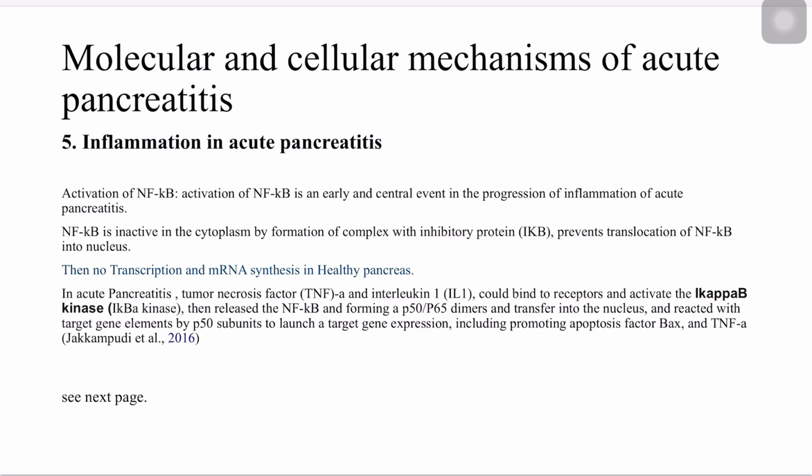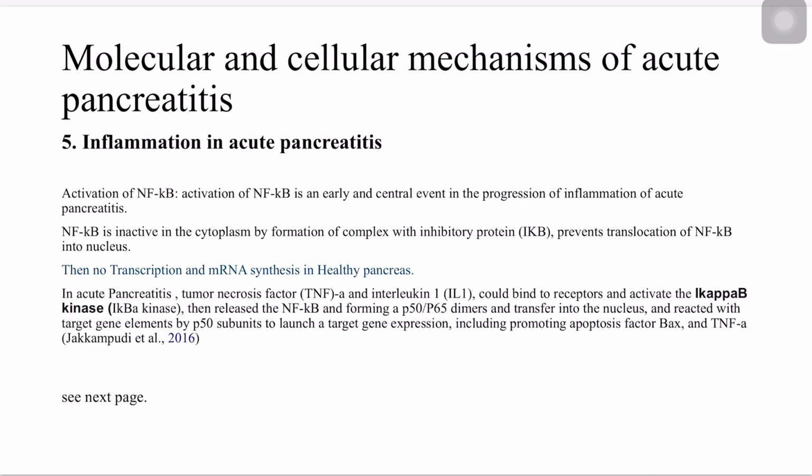The last one here, we can speak about inflammation in acute pancreatitis. Usually activation of NF-kappa B in the early phase is a central event in the production of inflammation in acute pancreatitis. NF-kappa B is inactivated in the cytoplasm by formation of a complex with inhibitory protein IKB, and this prevents the translocation of NF-kappa B into the nucleus.